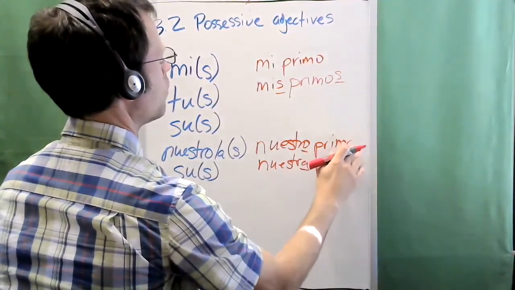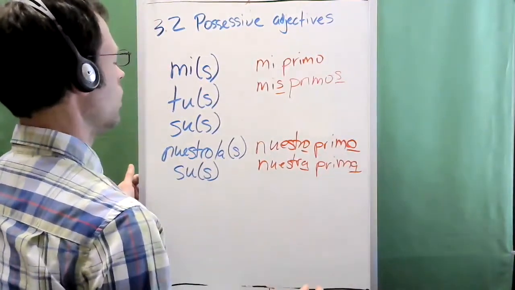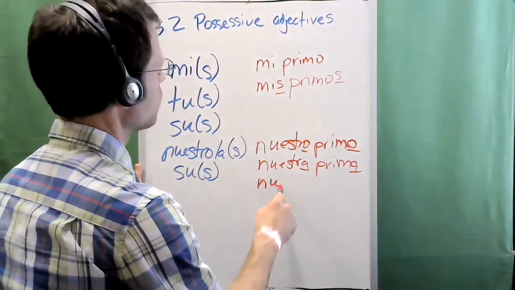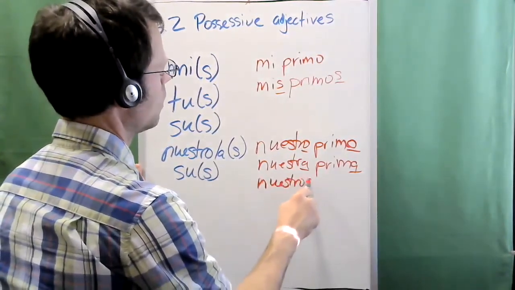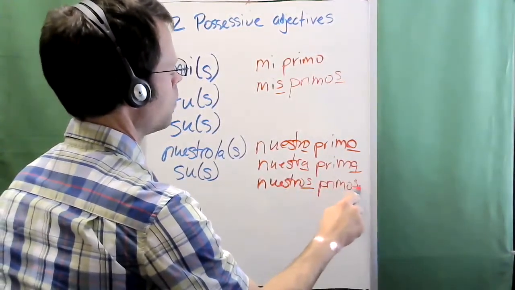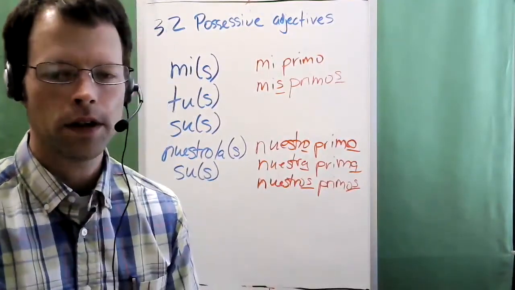I'm sorry, I didn't write that correctly. That should be primo right there and prima down here. And if we have multiple cousins, then that's when we might also need to make this plural. Nuestros primos, or nuestras primas if the entire set of cousins is female.